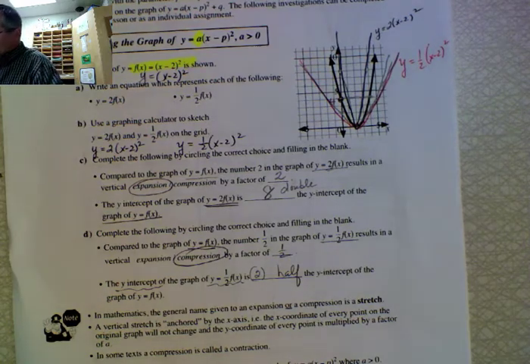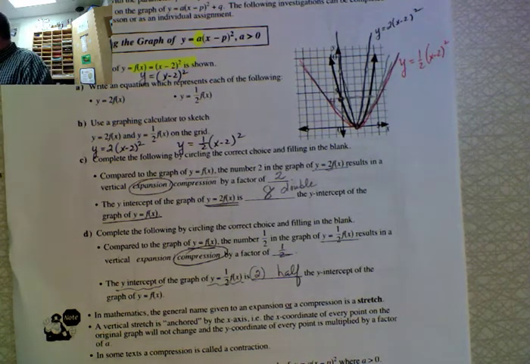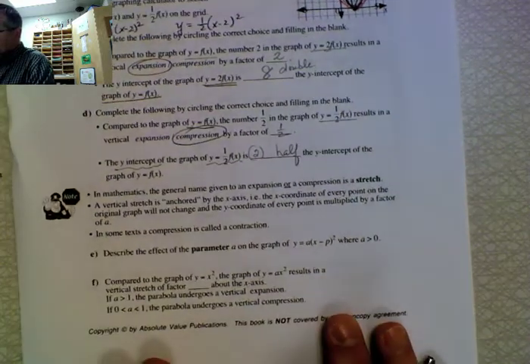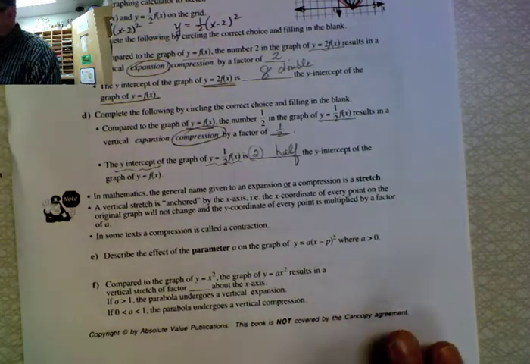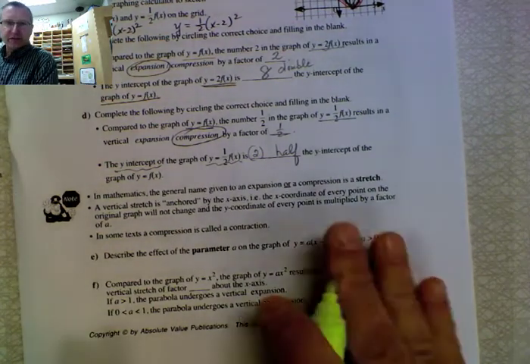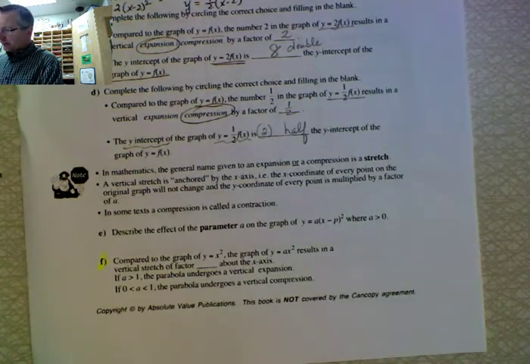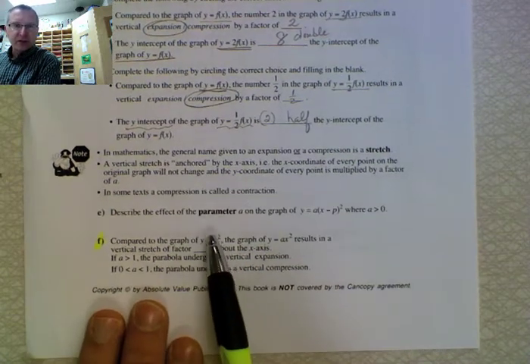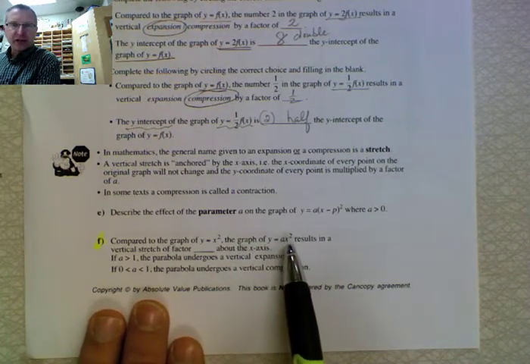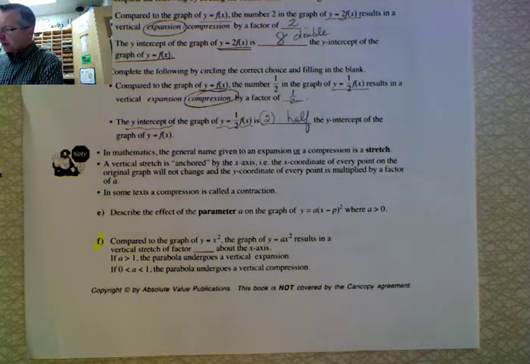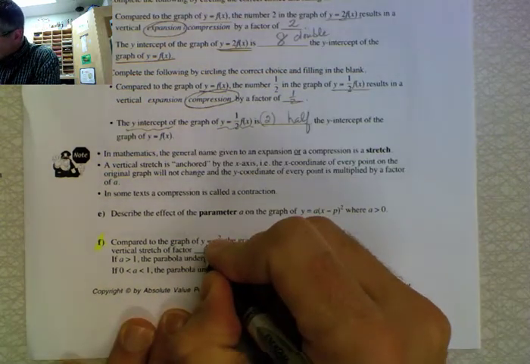So if we summarize what's happening in this particular situation, if we go down to point F down here, point F says if you compare the graph of y equals x squared to the graph of y equals a x squared, you're going to notice that we have a stretch by a factor of a.